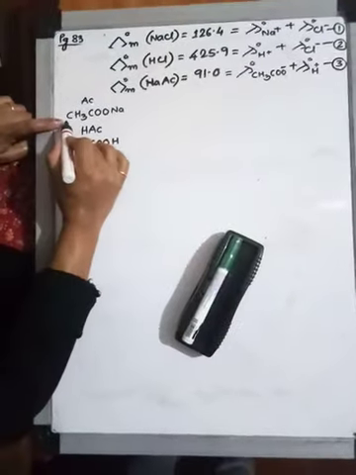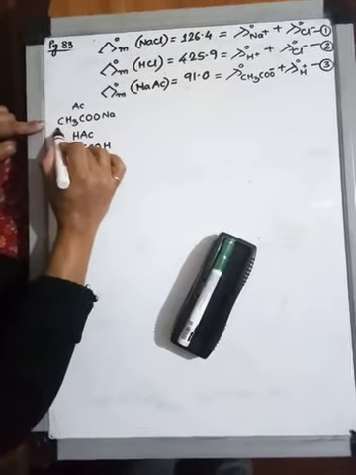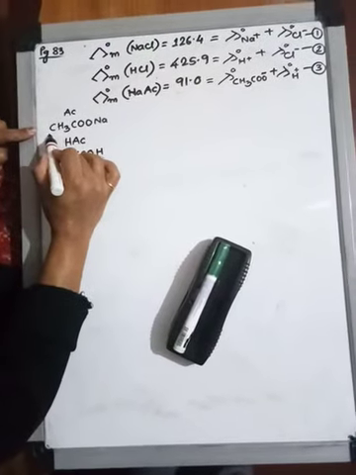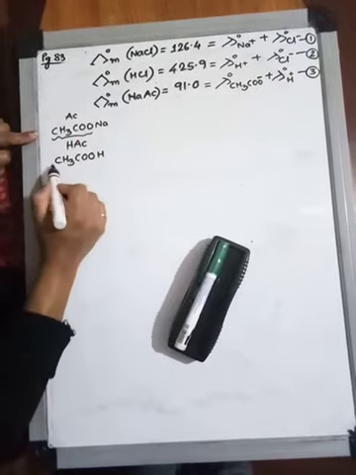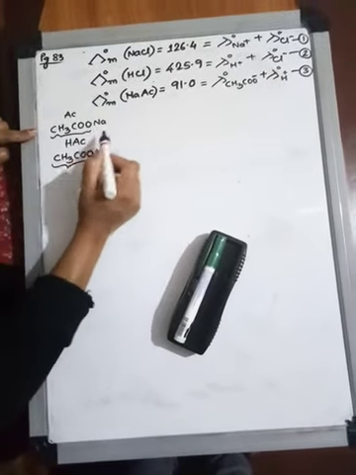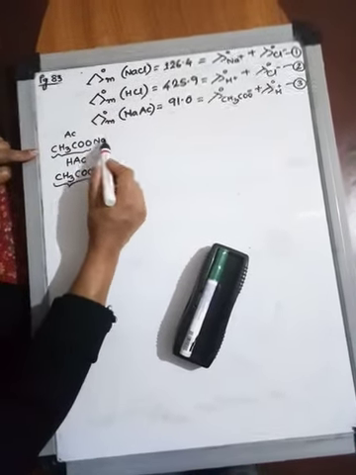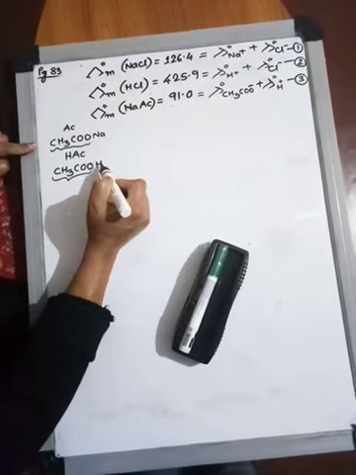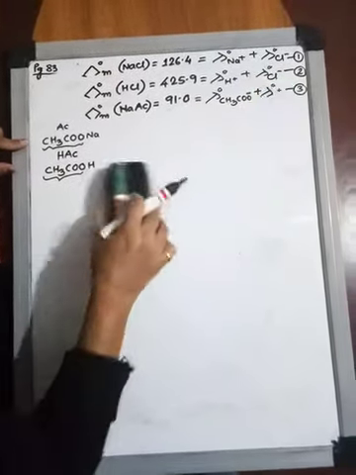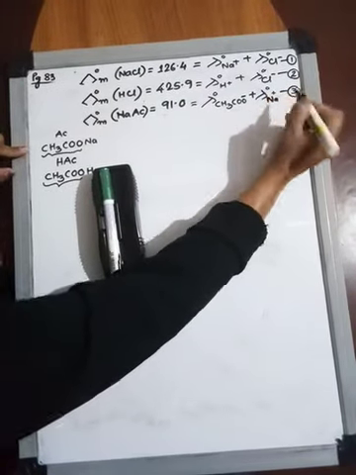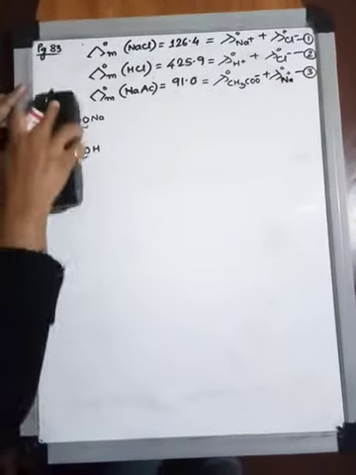Remember, when we take CH3COO this portion remains negative in both cases. If it is Na, it will be Na plus. If it is H, it will be H plus. So in this case it is Na, so it is going to be Na plus. So let us now see what they have asked in the sum.